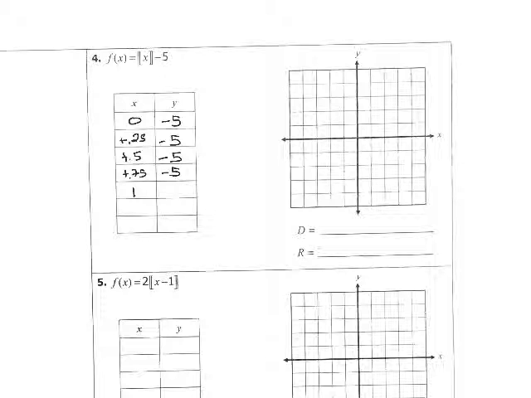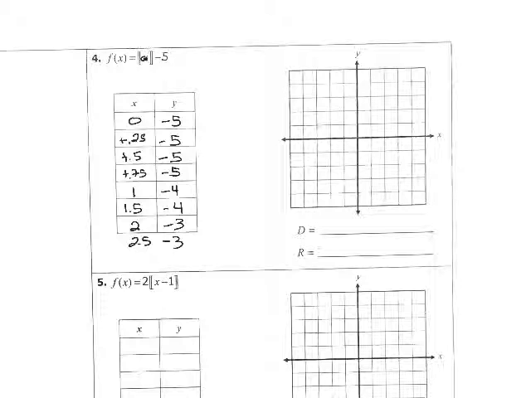And now how about 1? Well, 1 is 1, minus 5 is -4. And we'll say 1.5 is 1, and then minus 5 is -4. So you can see 2 would be 2, minus 5 is -3. We'll say 2.5 is 2, and then minus 5 becomes -3, and so on and so forth.